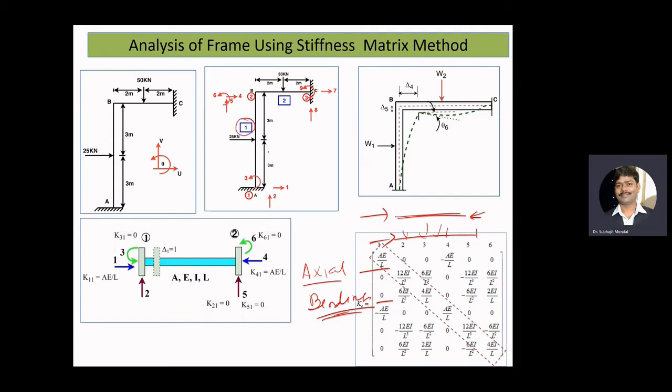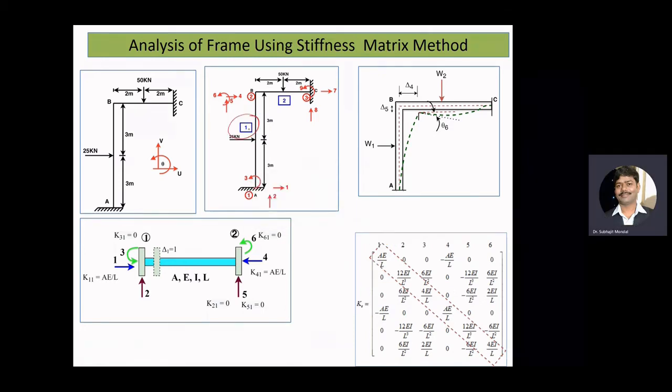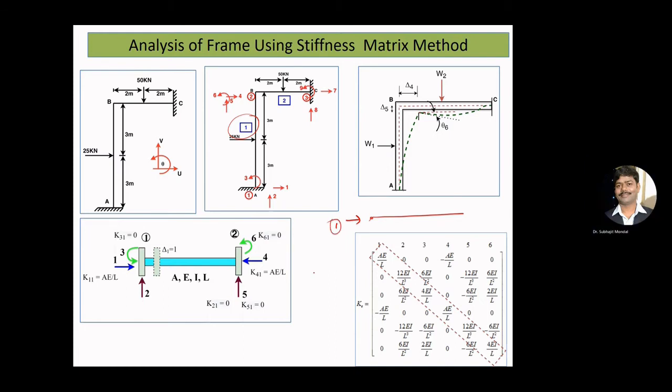Now element 1. You can see what degrees of freedom we have. What we're going to do is find the degrees of freedom for the frame element. Okay. Now, if this is your frame member, the first degree of freedom we'll consider acting in the axial direction.